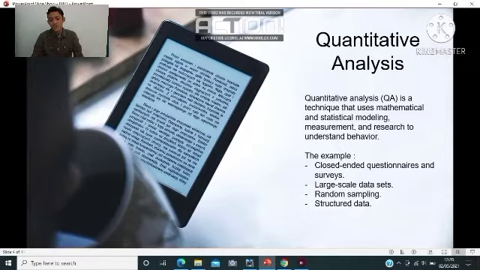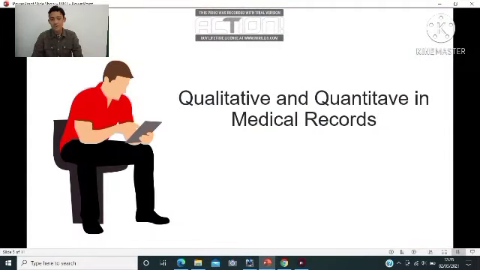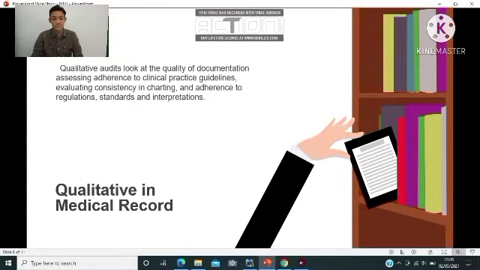And now we'll continue. How about qualitative and quantitative in medical records? Qualitative audits look at the quality of documentation, assessing adherence to clinical practice guidelines, evaluating consistency in charting, and adherence to regulation, standards, and interpretation.